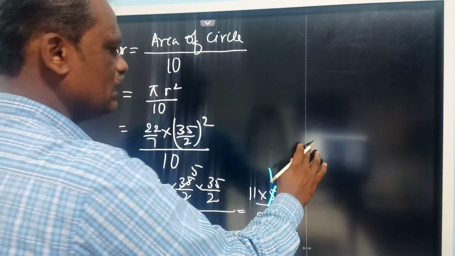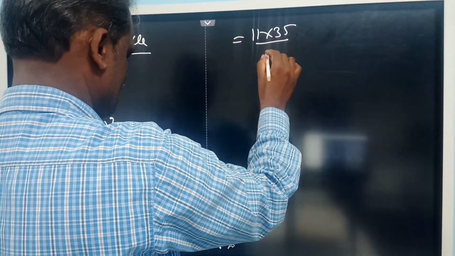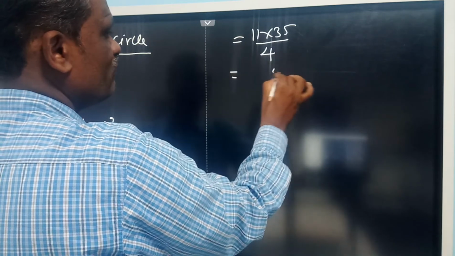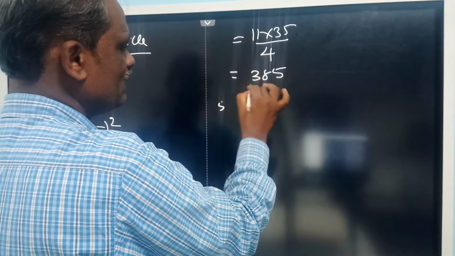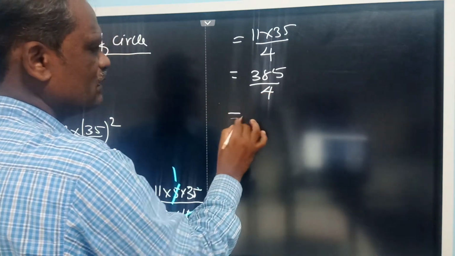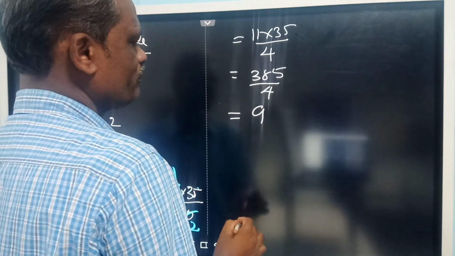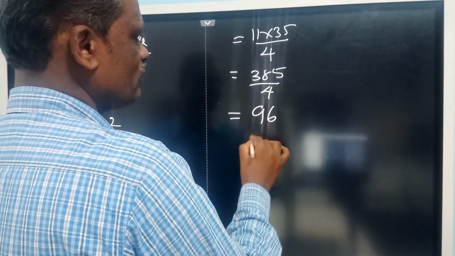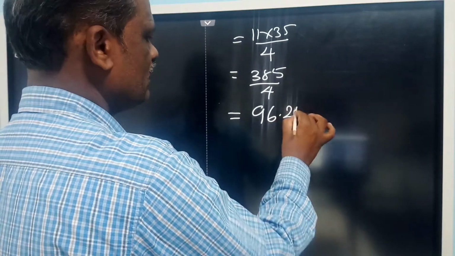So now 11 into 35 by 4. 11 fives are 55, 11 threes are 33 plus 5, 38, divided by 4. 4 nines are 36, 4 sixes are 24, 4 twos are 8, then 5.